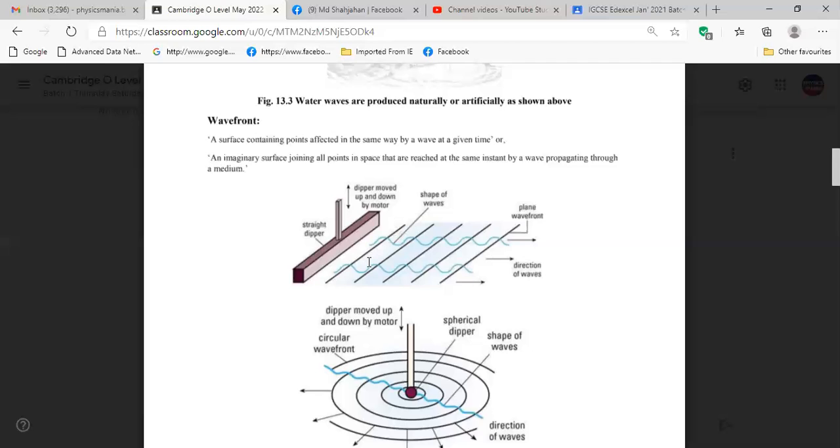So specific molecules in one line behave in the same way: they move up in one place and move down in another. This way we have one imaginary line, an imaginary surface, and that is called the wavefront. What is that called? Wavefront.